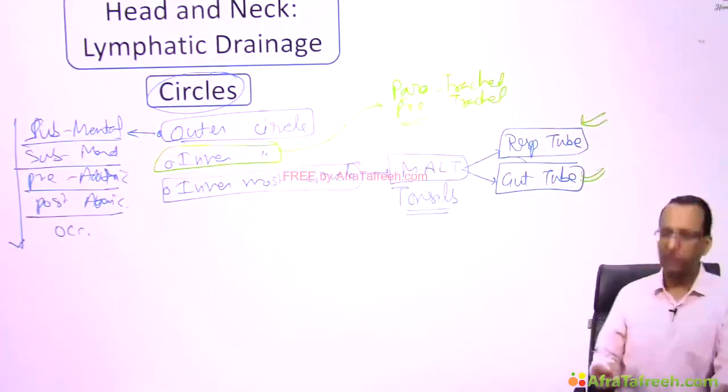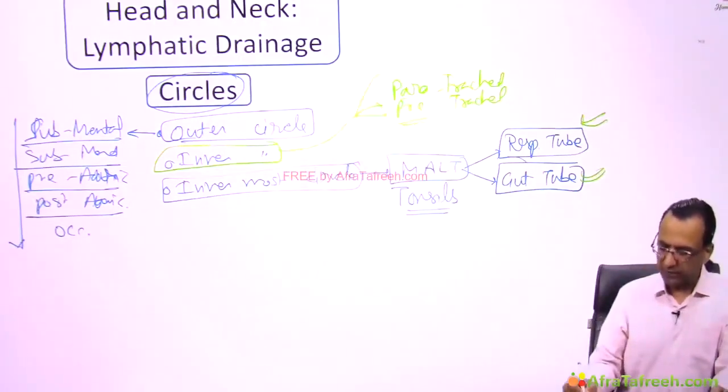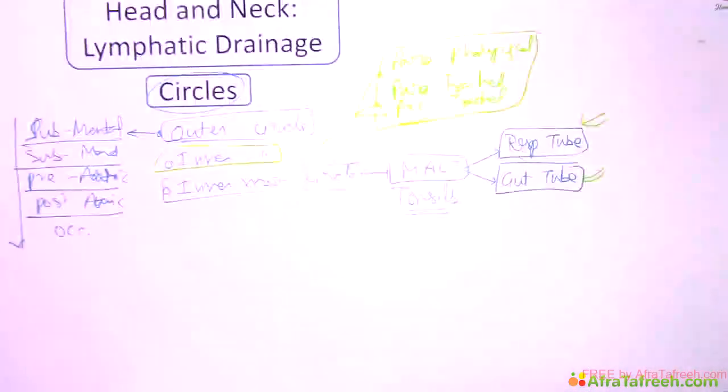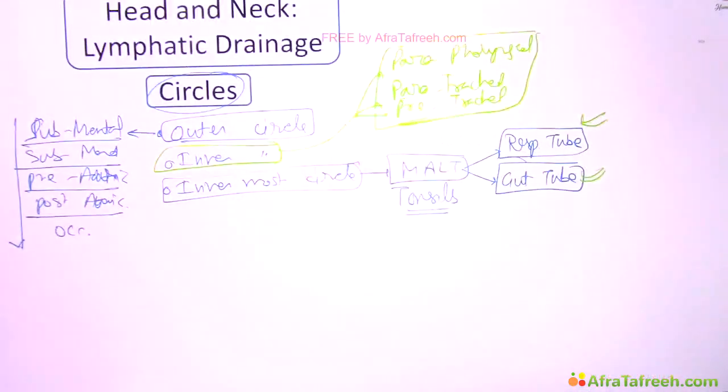Parapharyngeal also. So parapharyngeal, paratracheal and pretracheal. This does not make sense until we see a diagram. Yes, we have to see the diagram now. But remember, the outer circle, deeper to that the inner circle, and still deeper the innermost circle. Let us discuss the details in a diagram.